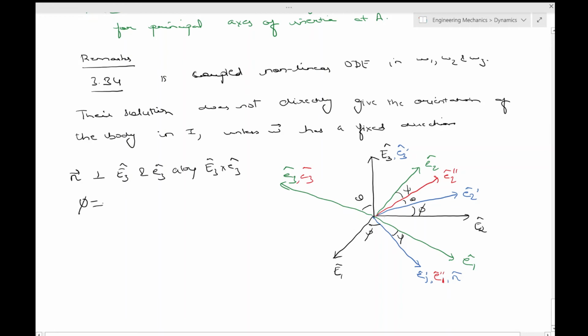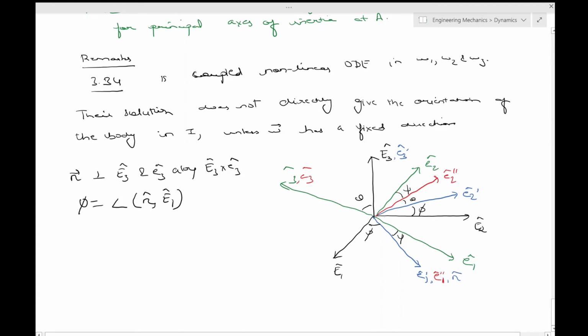Phi is the angle between N and E1. Okay, so N is perpendicular to E3 and e3, along E3 cross e3. So you have seen E3 and e3. So N is perpendicular to E3 cross e3, so hence it's perpendicular to both big E3 and small e3.